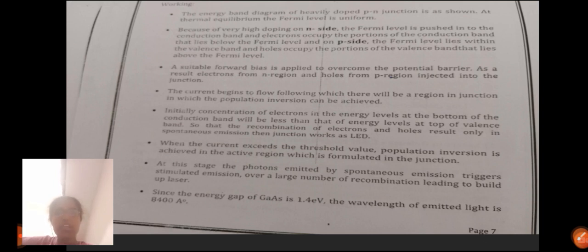Because of heavy doping, in the n-type the Fermi level is pushed into the conduction band, and electrons occupy this portion. The conduction band lies below the Fermi level. In the p-type the Fermi level lies within the valence band, and holes occupy this portion. The valence band lies above the Fermi level.